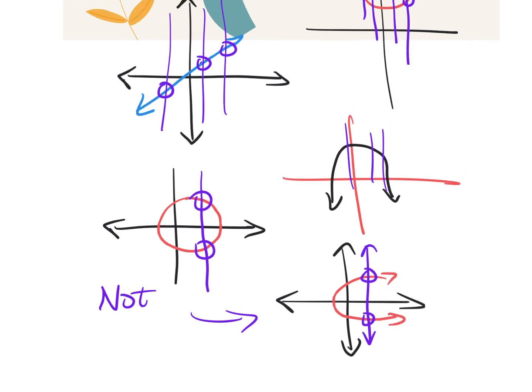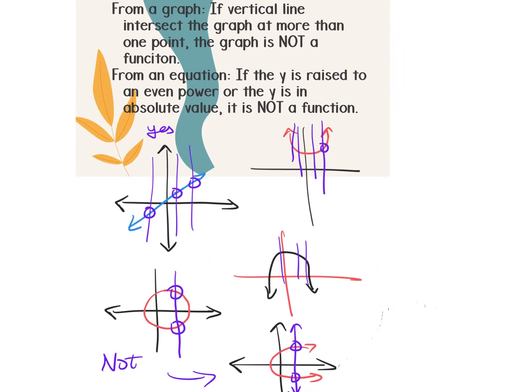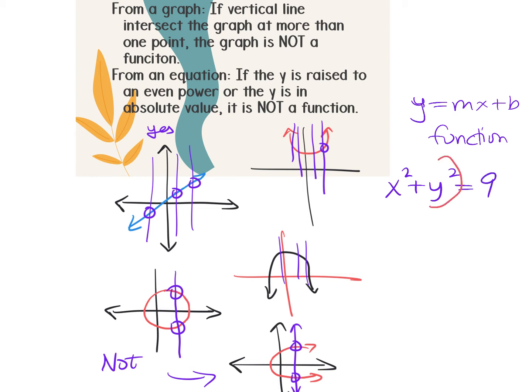Now, when you're given an equation, anytime you have something in y equals mx plus b form, any linear equation is going to be a function. However, whenever you have a y raised to an even power, like for example, the equation of a circle is x squared plus y squared equals 9, whenever the y variable is raised to an even power, it's not a function.